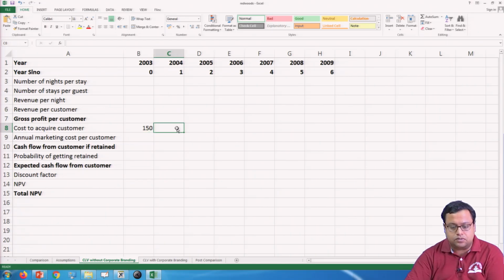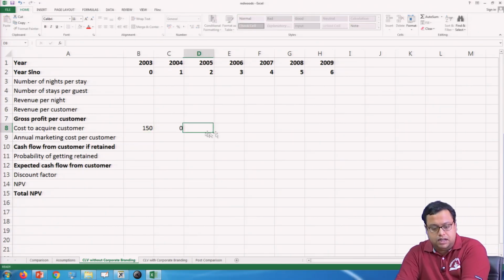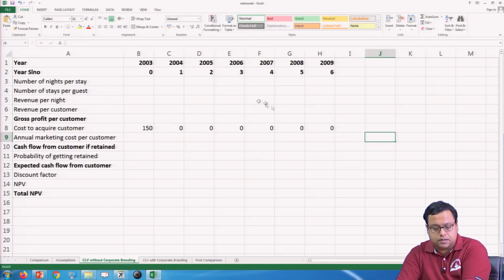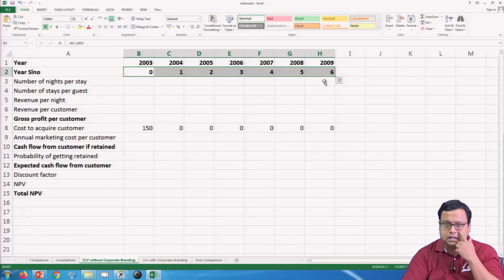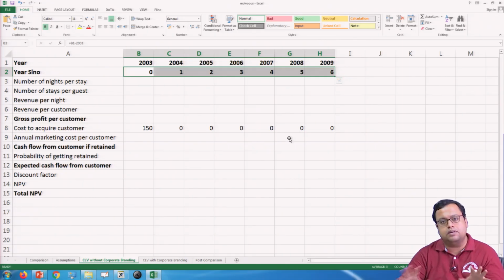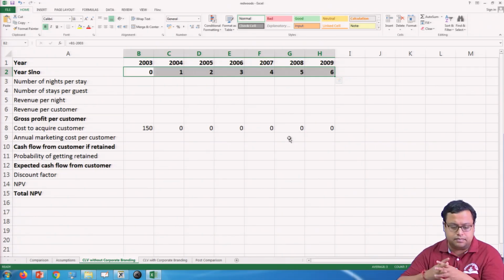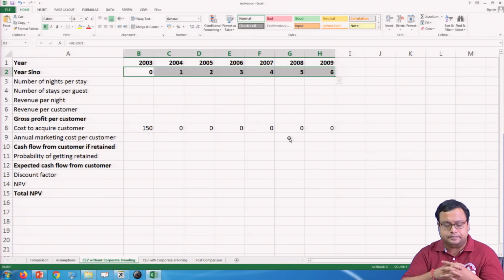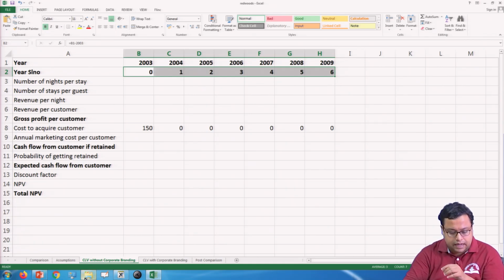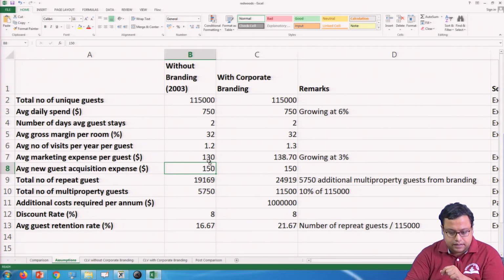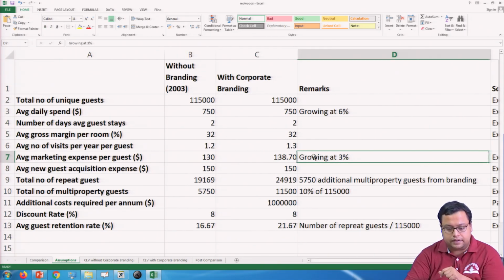Next year onwards you do not acquire the customer anymore, because they are already with you, and I assume that the customer's lifetime is 6 years. This is an assumption I am making; based on your idea, you can reduce or increase the customer lifetime. The annual marketing cost is 130, growing at a pace of 3%.